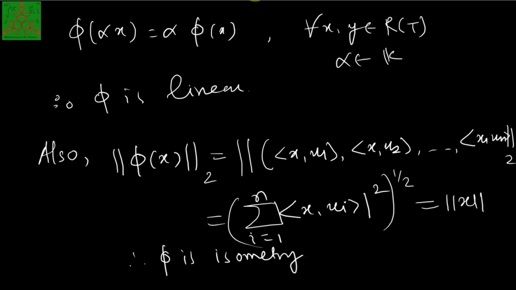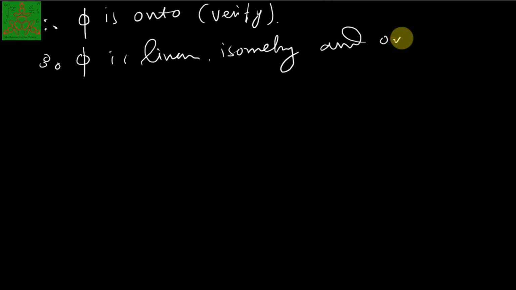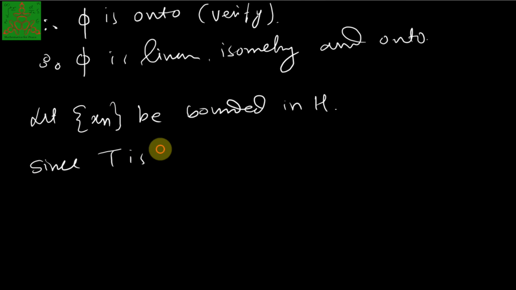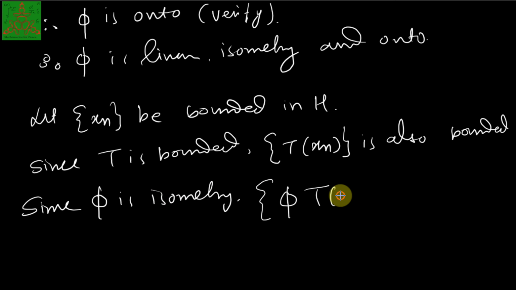And it is clear that it is onto. This you can verify. Therefore, your phi is linear, an isometry, and onto. Our objective is to prove that T is a compact operator. So for that I need to start with a sequence xn which is a bounded sequence. Since T is a bounded operator, T of xn is also bounded, and since phi is an isometry, phi of T of xn is also bounded.